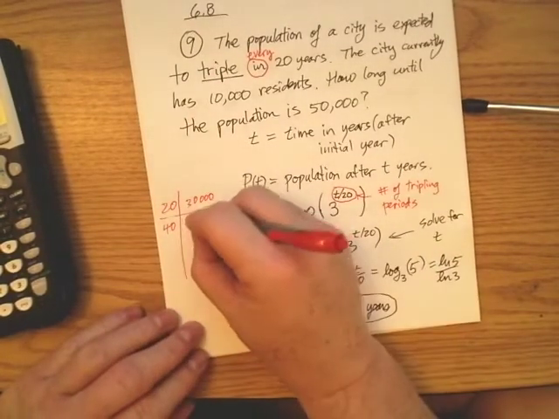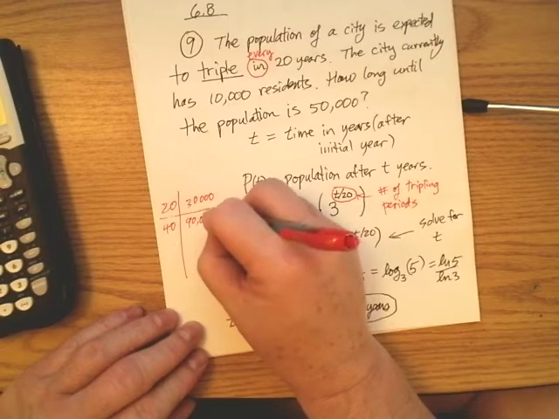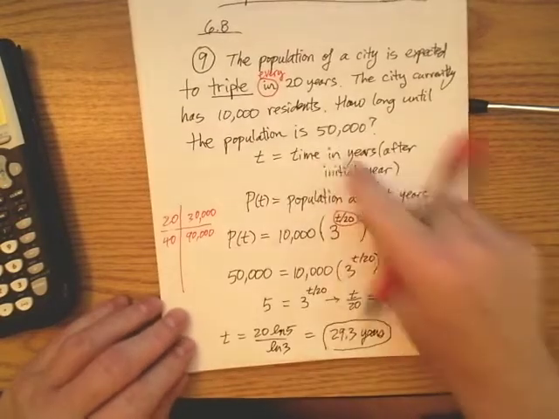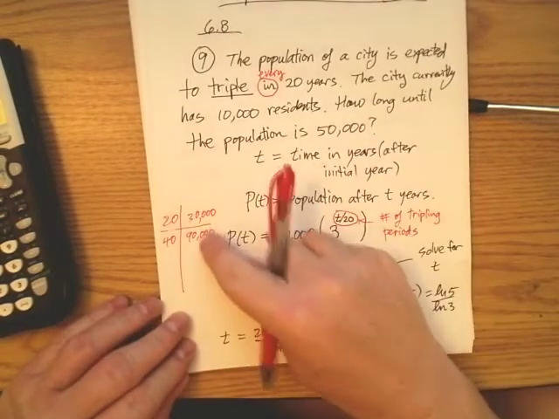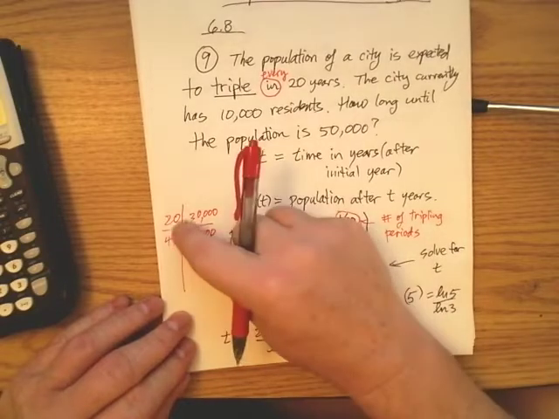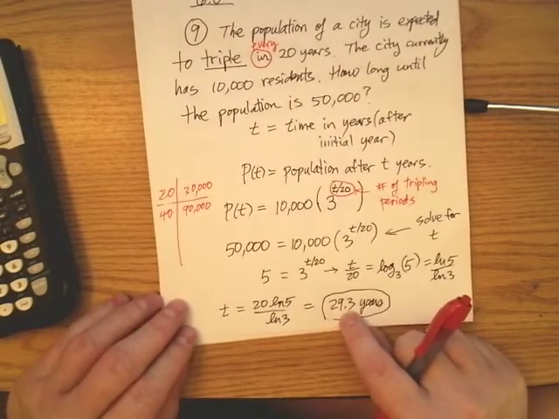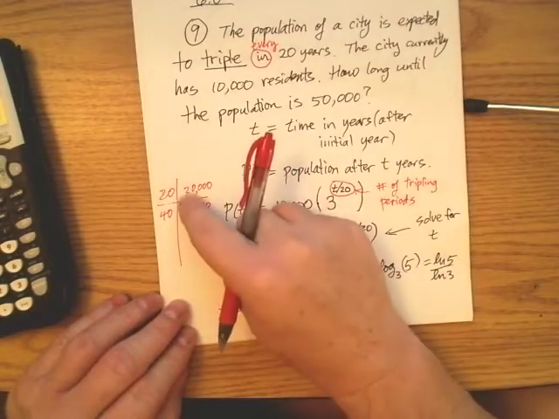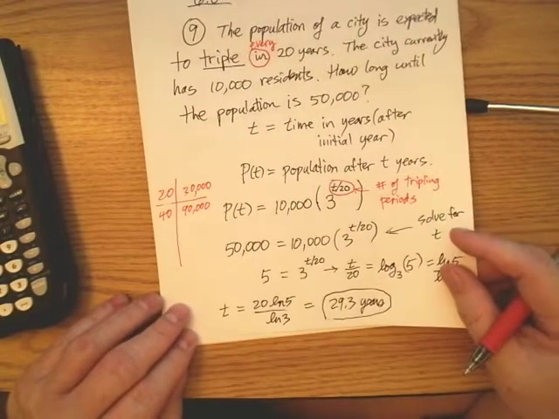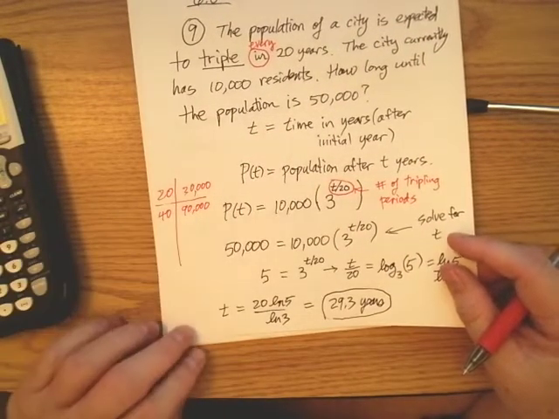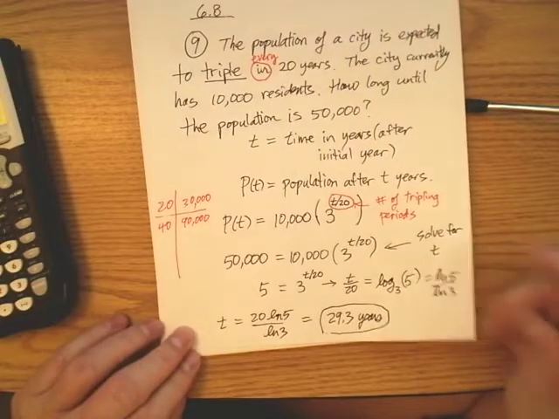It would be 90,000. The population we're talking about is 50,000. It's somewhere between these two, right? So our answer should be somewhere between 20 and 40. And it turns out 29.3. It's almost smack dab in the middle, but a little bit closer to the 20 than the 40.